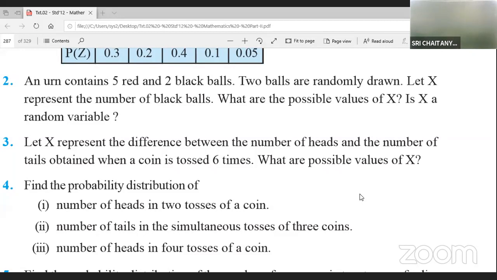An urn contains 5 red and 2 black balls. 2 balls are randomly drawn. Let capital X represent the number of black balls. What are the possible values of X? That means the random variable.